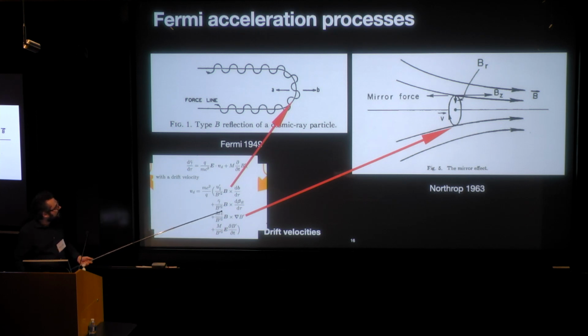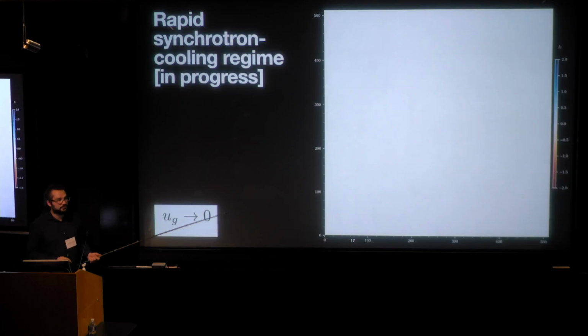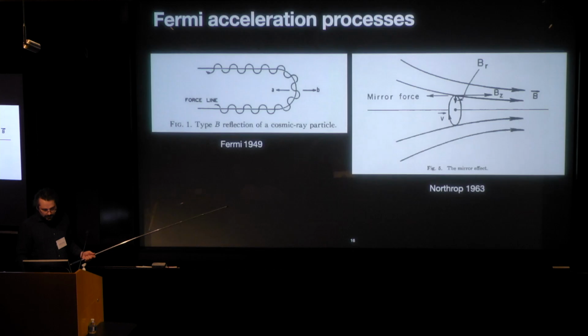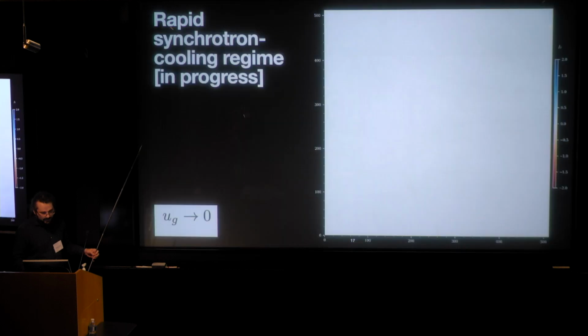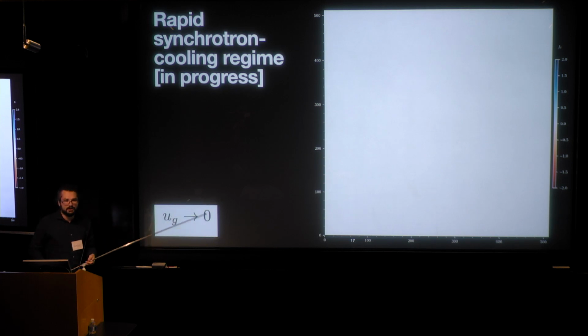So this is still a work in progress. Coding all this is an ambitious task. So far we only have our first approximations working. For example, we have one case where the radius of the ring goes to 0 at each time step. This is an artificial way to introduce synchrotron cooling, when the particle moves along the magnetic field and loses energy and emits radiation.